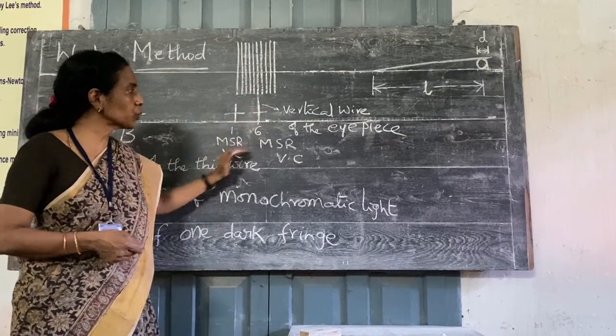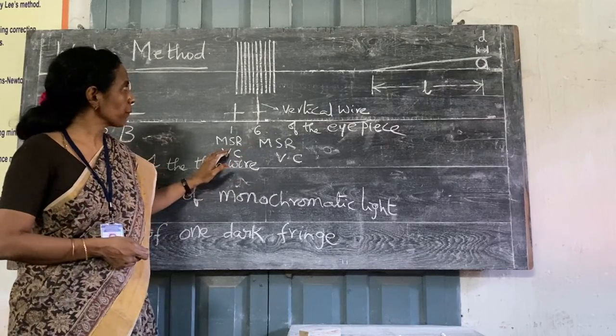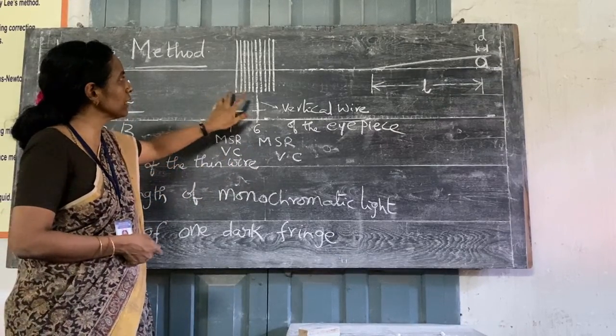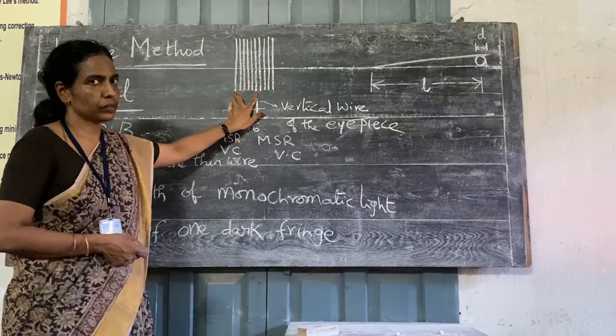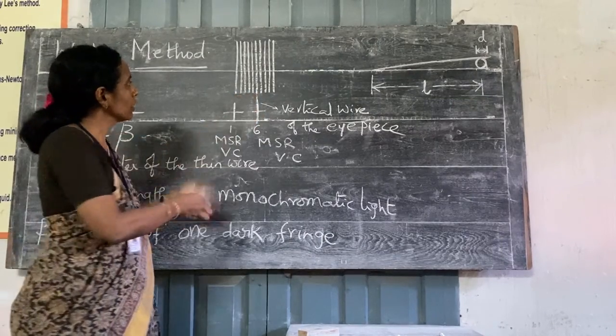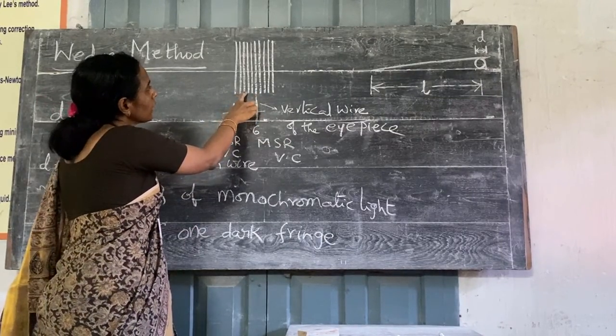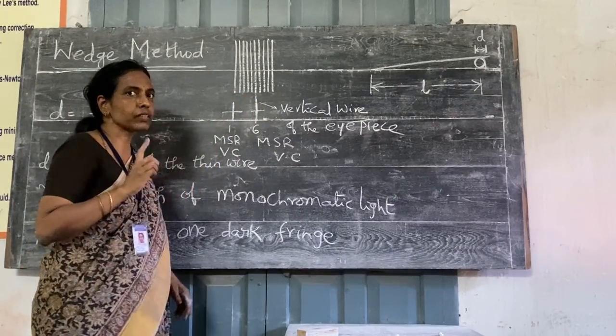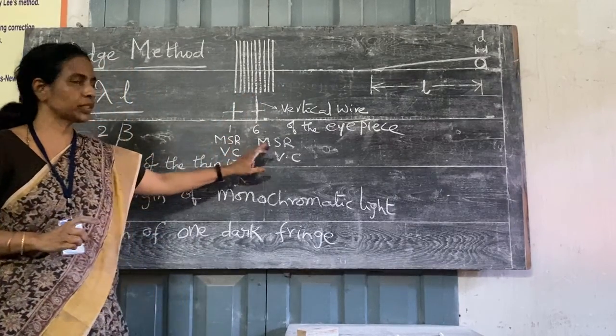What we will get with these two readings is the distance between these two lines. 1, 2, 3, 4, 5: 5 dark fringes are there in between these two readings.